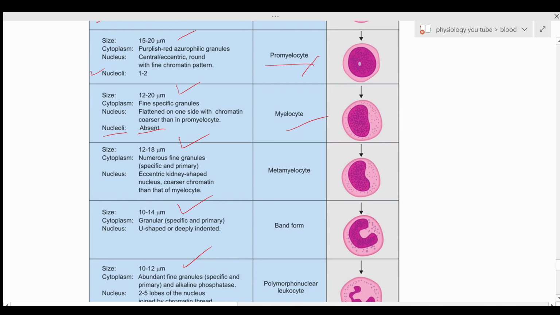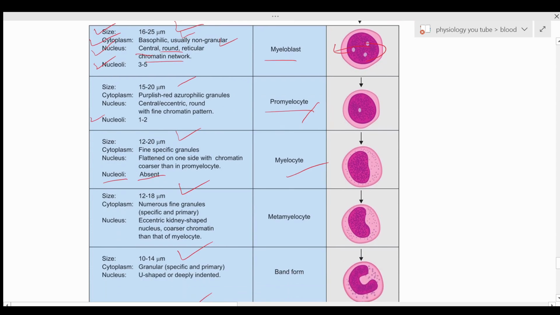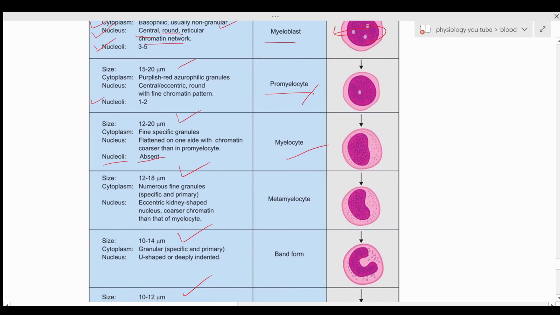If you know about the shape of the nucleus, that is very important, and it's good also. You can see here central round and reticular chromatin network type of nucleus, and here also the nucleus is central to eccentric, round with fine chromatin pattern. Here a flattened one with the chromatin coarser than in the promyelocyte.